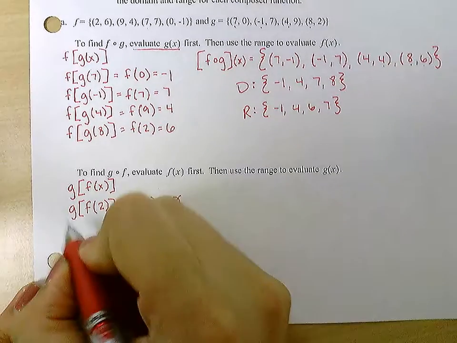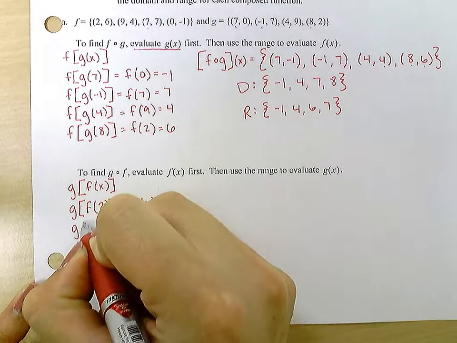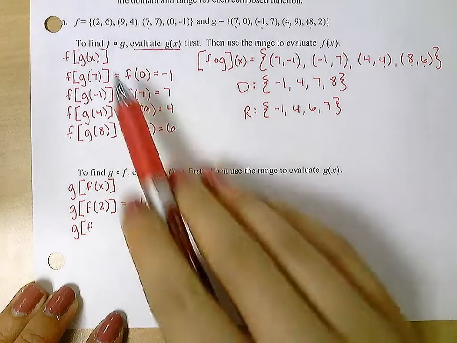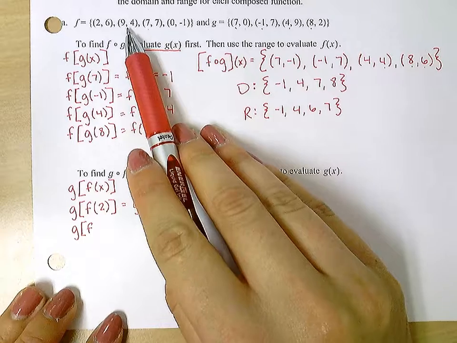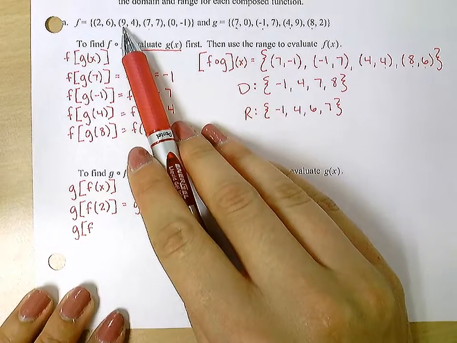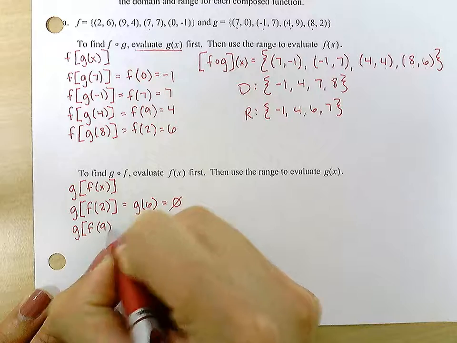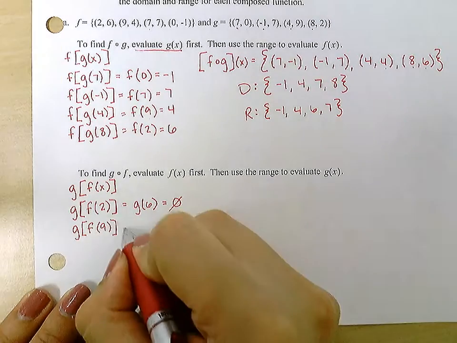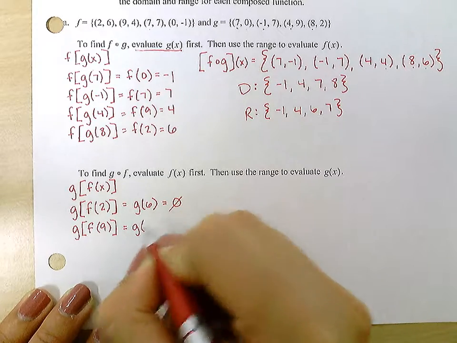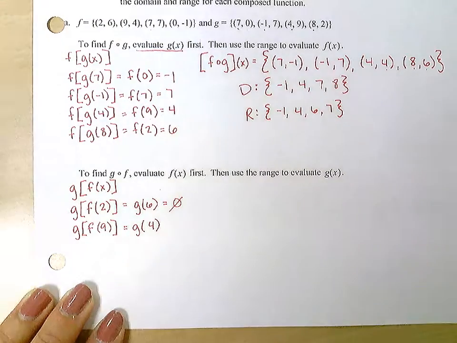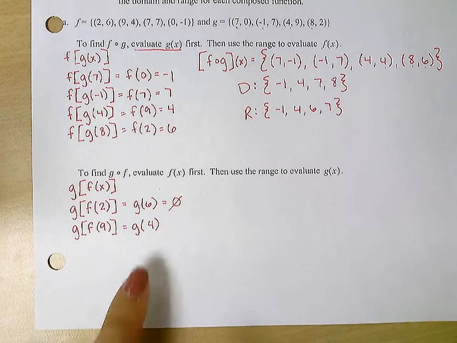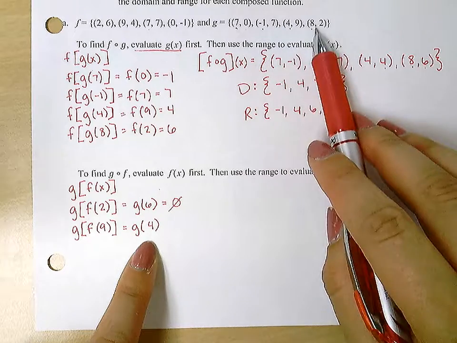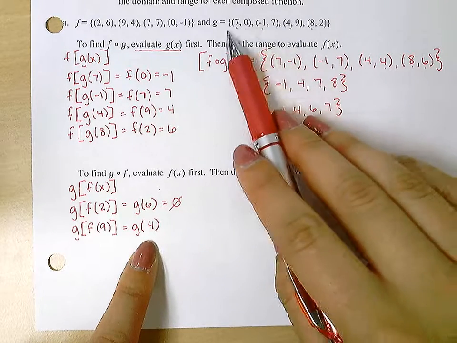Okay, so we're going to keep going. Again, we have g of f, moving on to my second f point, my x value is 9. Evaluating f of 9, we end up with 4. So I have g of 4. Do I have an x value of 4 in my g function?